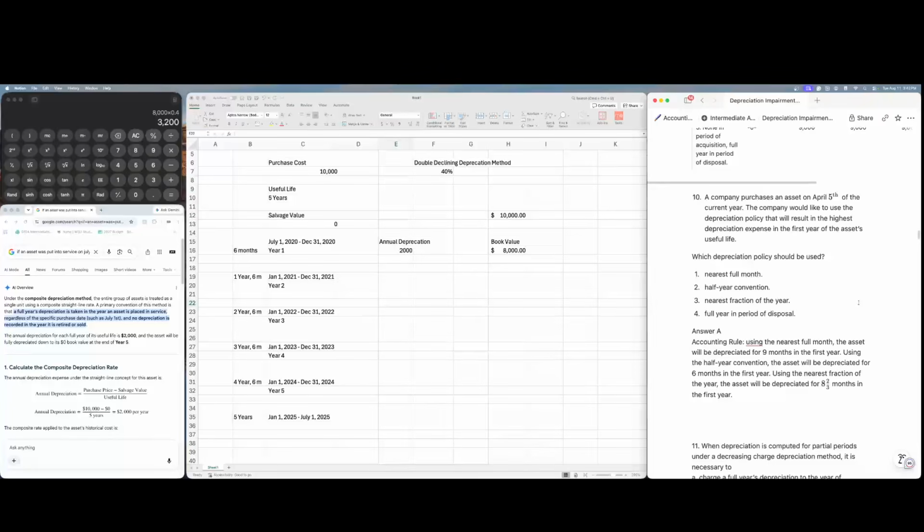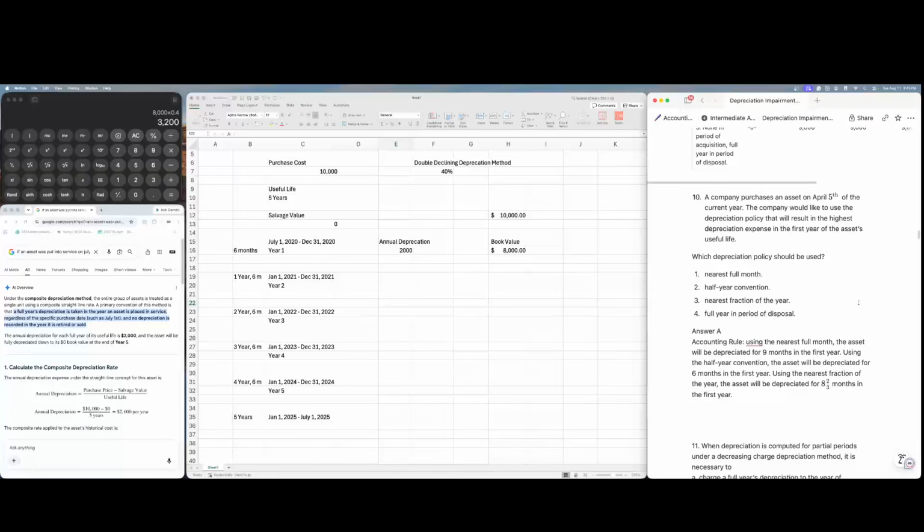But depending on the kind of depreciation convention you like to use, for example, the nearest full month, half of that year, it's kind of hard because you might have to learn that certain months have a certain number of days. So when is half a year, half of a month?